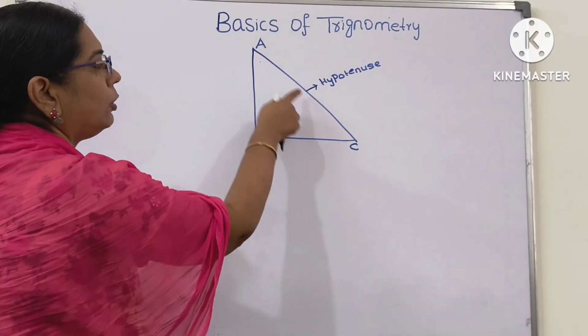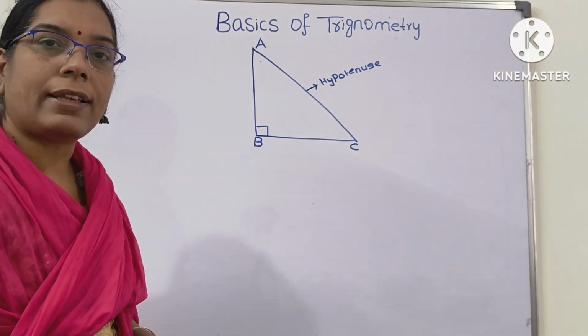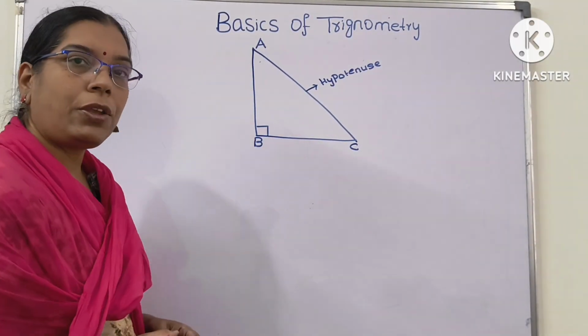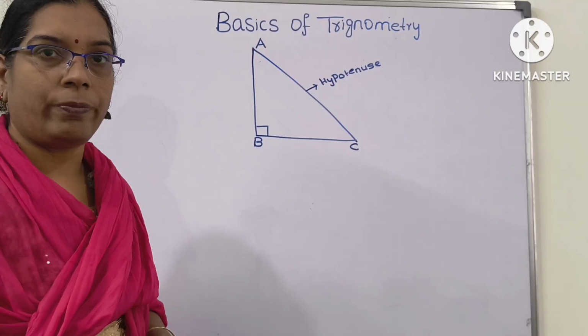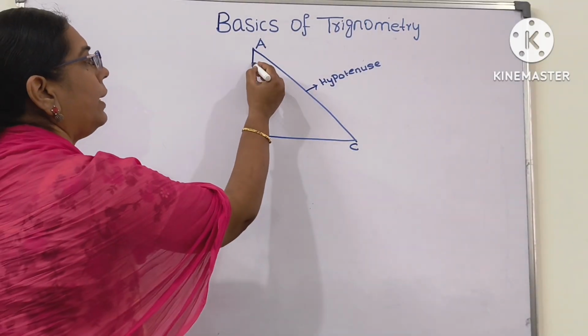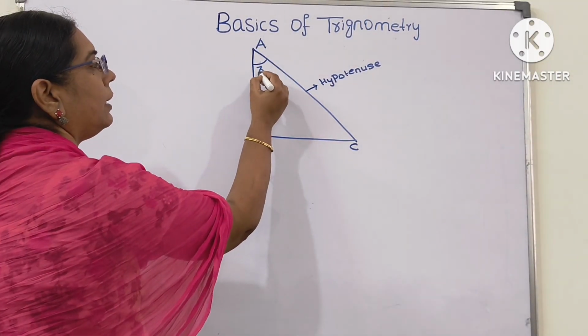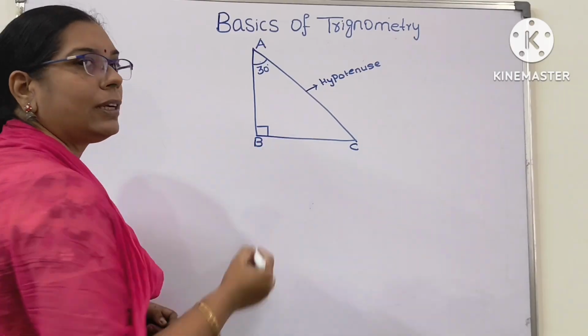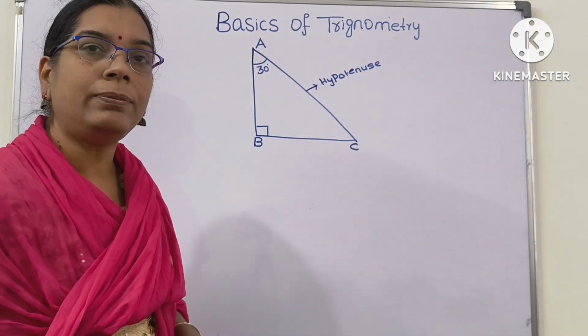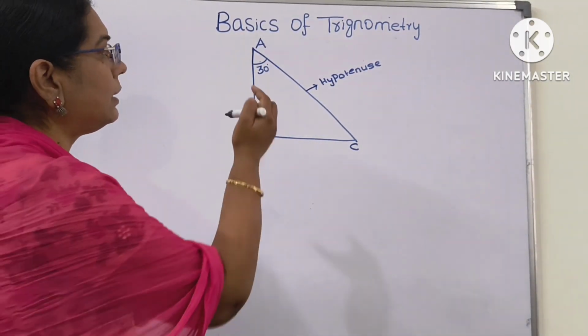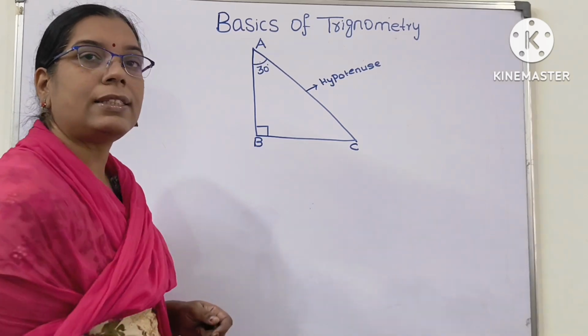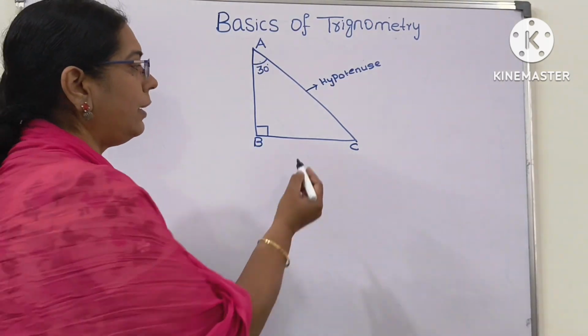Now, what will the other two angles be called? They will be called acute angles. Why so? Because suppose if I take this angle to be 30 degrees, what will this angle become? Angle C will then become 60 degrees such that the sum of angle A and angle C should always be 90 degrees.